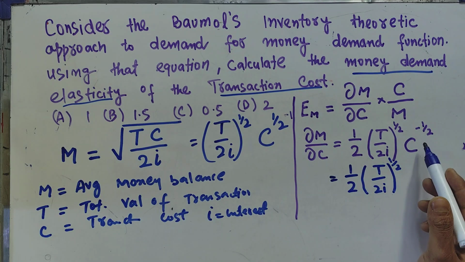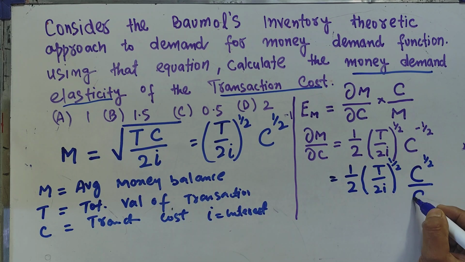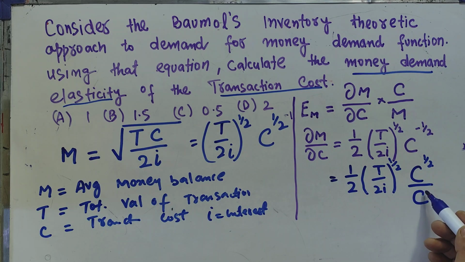So in place of C to the power negative 1 upon 2, can I rewrite it like this, C raised to the power 1 upon 2 divided by C, because if I transpose the denominator to the numerator, the exponent of the denominator will get changed. If it is plus, it becomes minus.